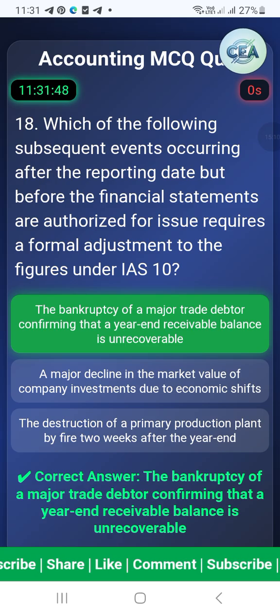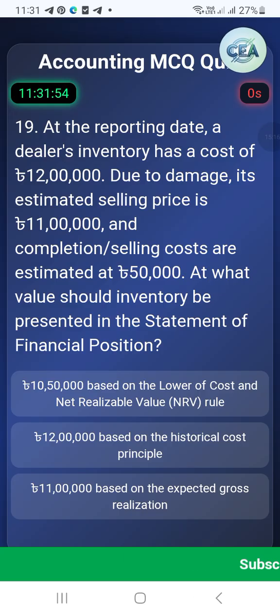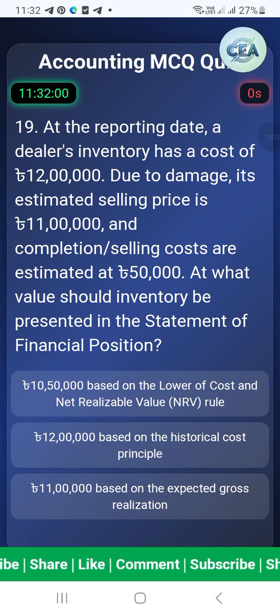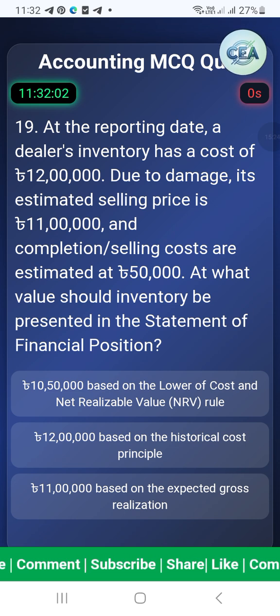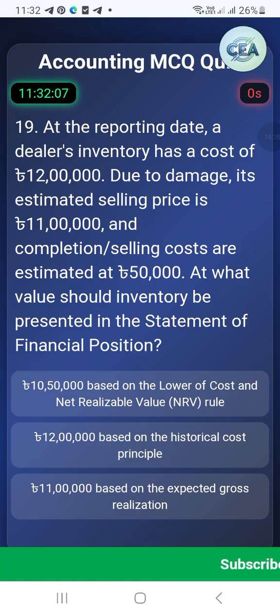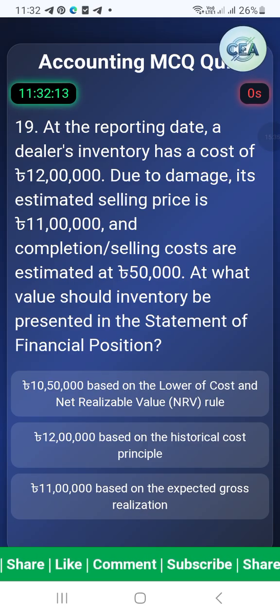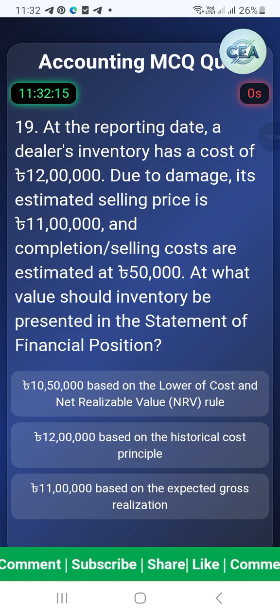19. At the reporting date, a dealer's inventory has a cost of 1,200,000 takas. Due to damage, its estimated selling price is 1,100,000 takas, and completion selling costs are estimated at 50,000 takas. At what value should inventory be presented in the statement of financial position?